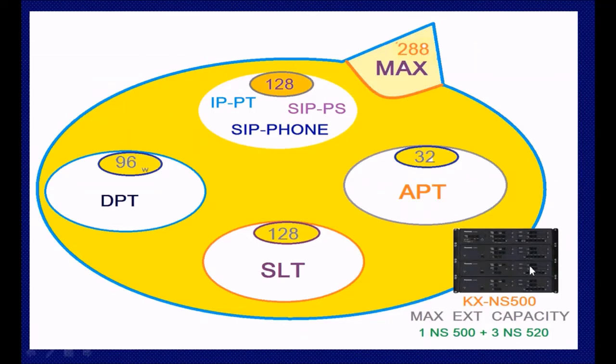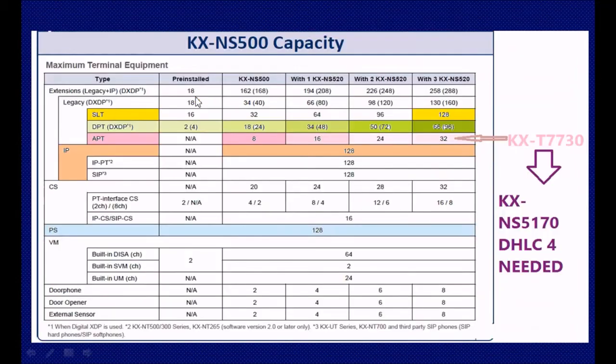For maximum capacity, this is the maximum number and the maximum collection of all of this, which is detailed here for anyone to use when expanding KXNS 500.